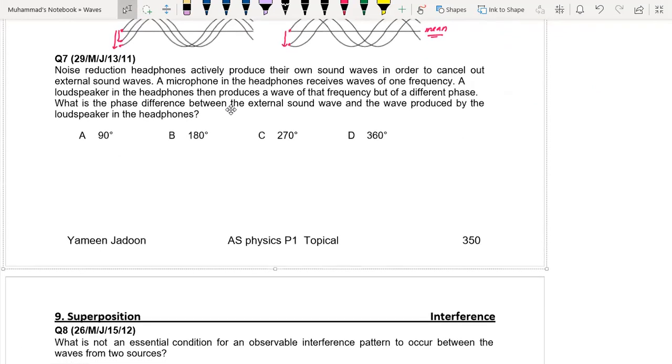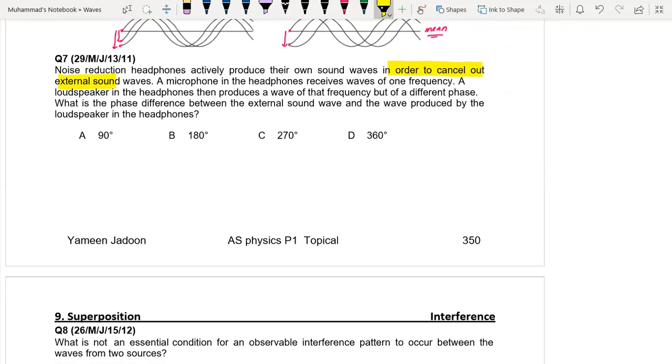So let me do question number 7. Question 7 is: noise reduction headphones actively produce their own sound waves in order to cancel out external sound waves. This is the mechanism. They cancel the external sound waves by producing their own signal.